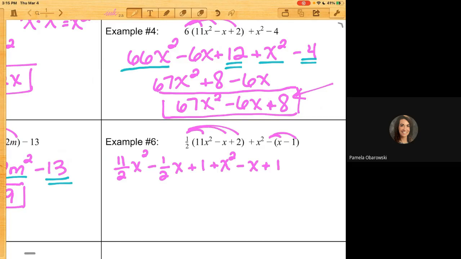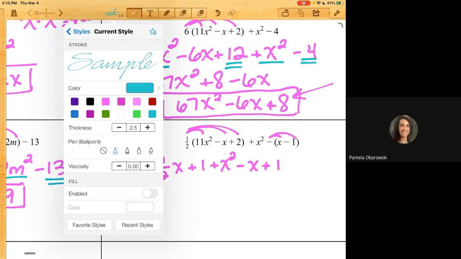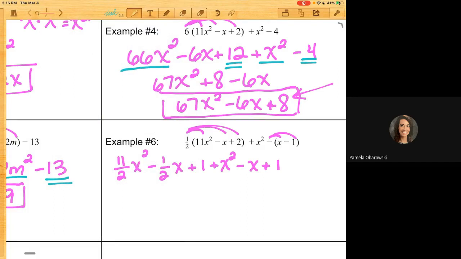All right, so again, don't let those fractions freak you out. We're going to combine like terms. This and this, this and this. Now, I've got 11 halves, and I want to add that to 1x squared. So if we want to talk about fractions for a second, I need a common denominator to add.